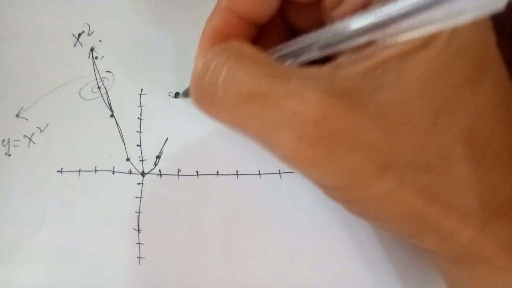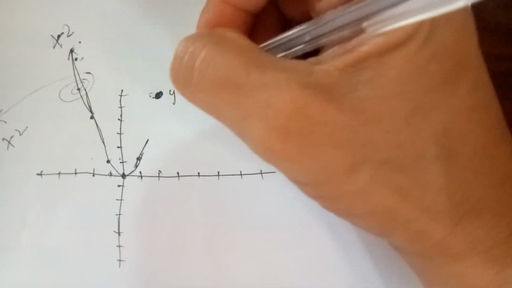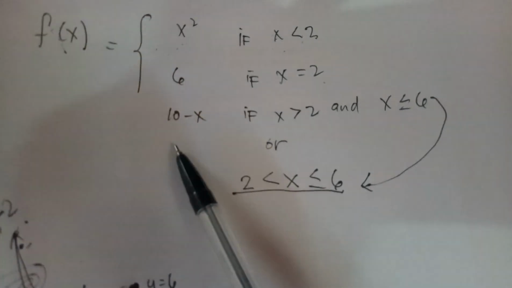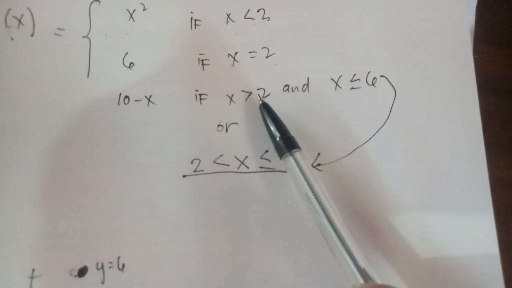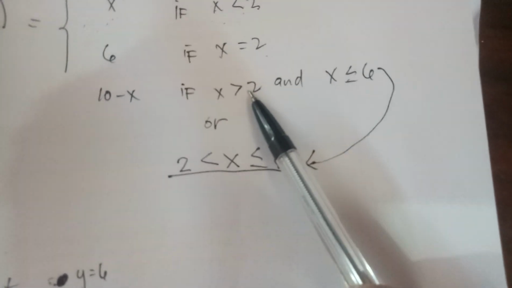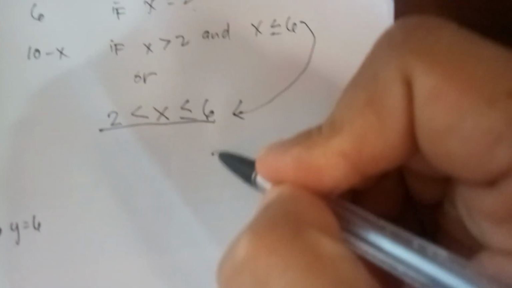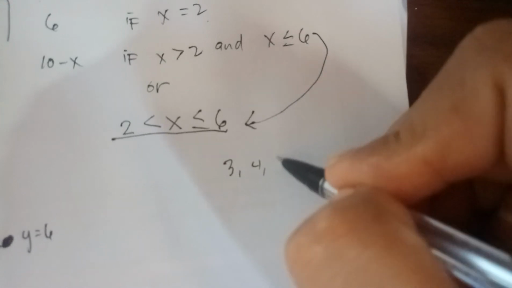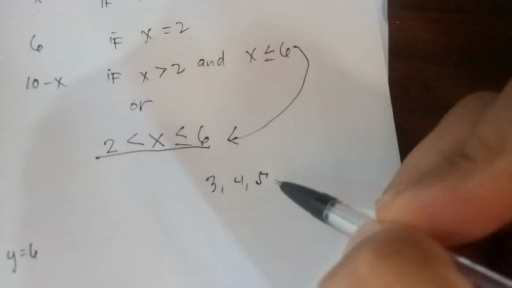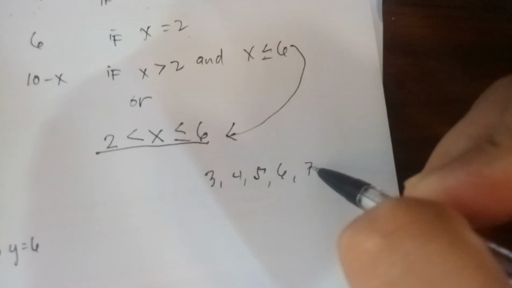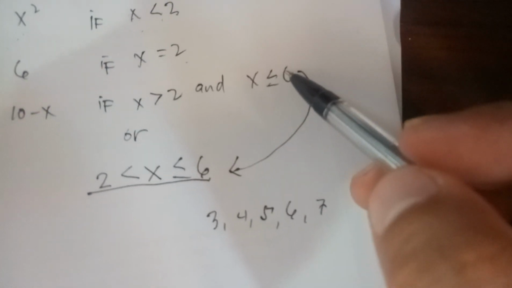Dito siya, dito. Ayan. Y equals 6. Now, let us have y is equal to 10 minus x. If x is greater than 2, what are numbers greater than 2? 3, 4, 5, and 6, and 7. Equal or less than 6.